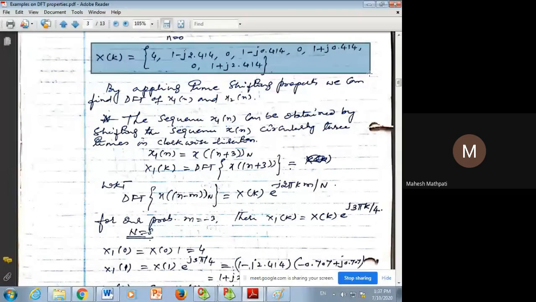That is, x1 of n equals x of modulo n plus 3, N. And its DFT can be written this way. Just note down this part.